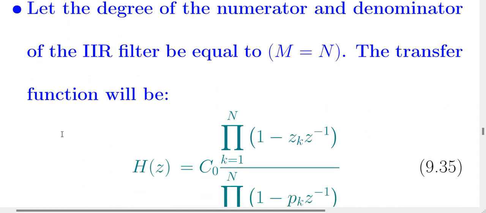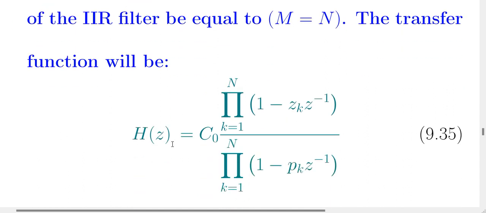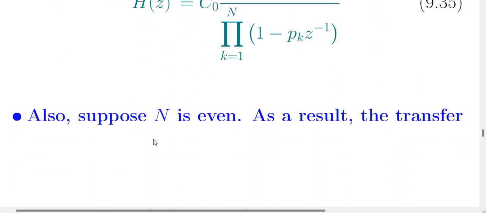The transfer function will be H(z) equal to c0 times the product from k equals 1 up to N of (1 minus zk z^-1), over the product from k equals 1 up to N of (1 minus pk z^-1), where zk and pk are the zeros and poles of the system. Also, suppose N is even.